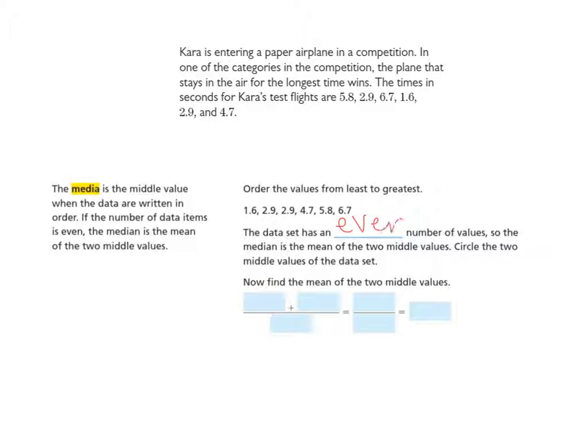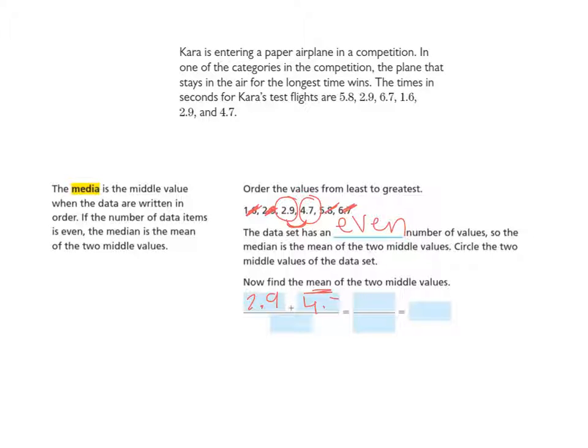Now, because it has an even number, when I start checking these off, one from the small end, one from the big end, you'll notice that we don't have a middle number. We have 2.9 and 4.7. So we need to circle the two middle values, 2.9 and 4.7. Now, you find the average or the mean of the two middle values. We're going to add them together.